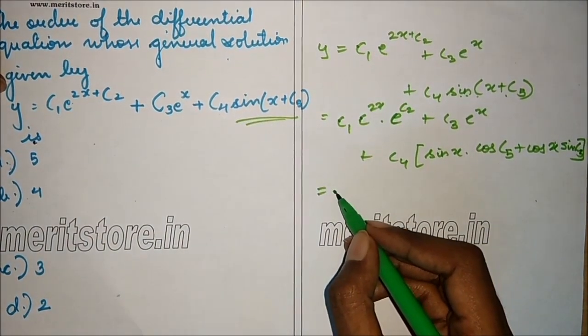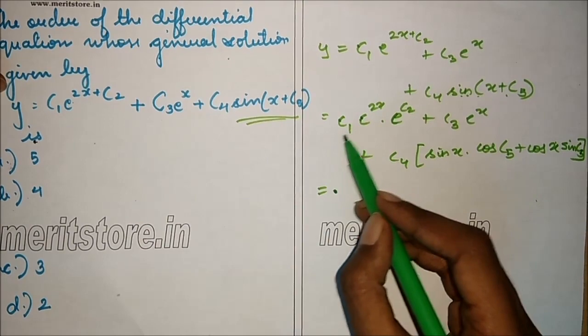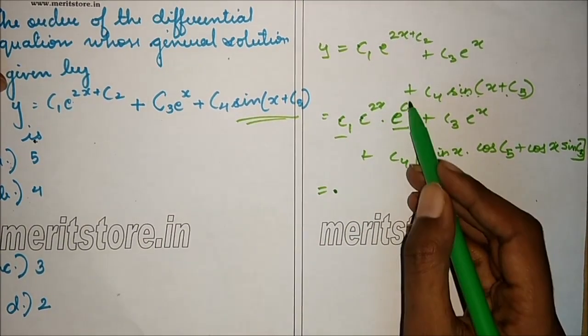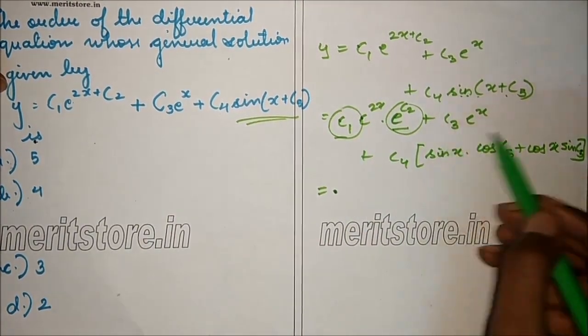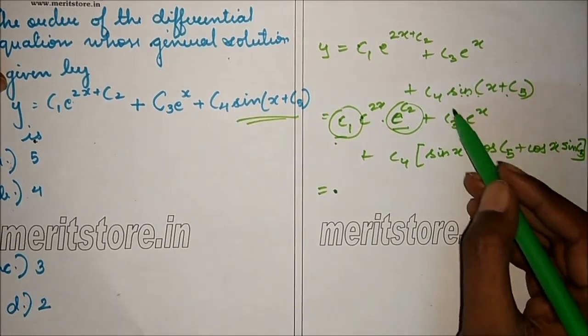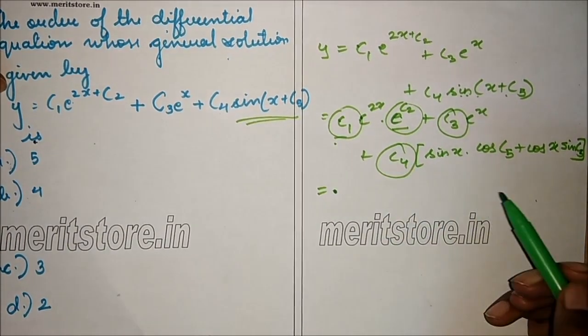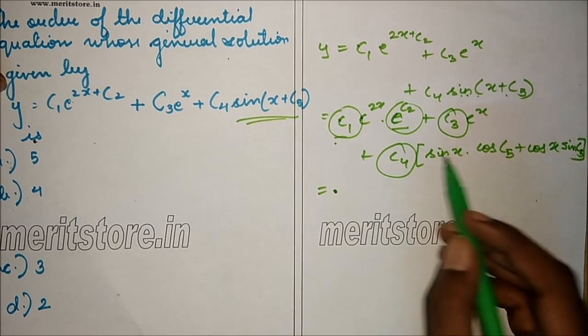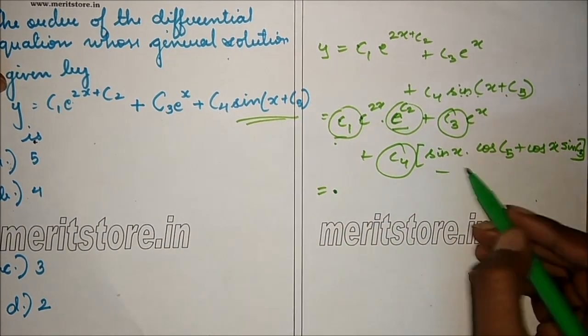Again simplifying this, now we substitute all the constants. This is a constant, this is a constant, here c3 is a constant, here c4 is a constant. First we'll split this.